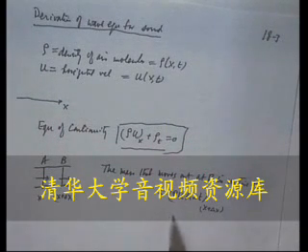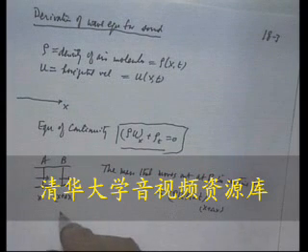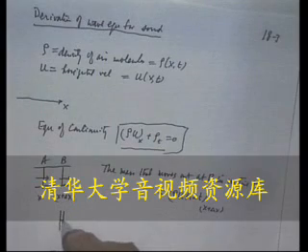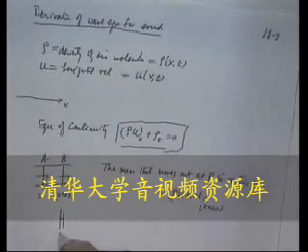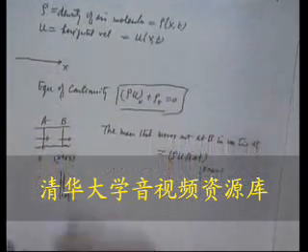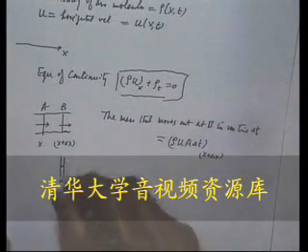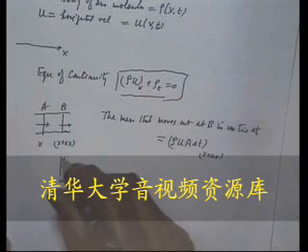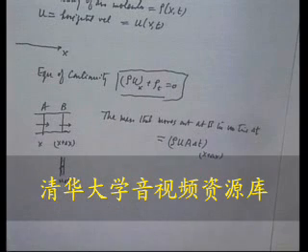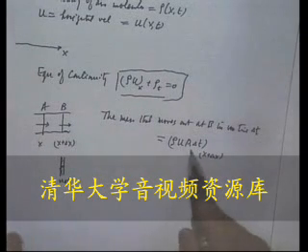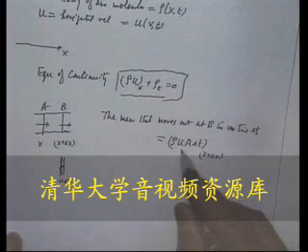U delta t: in time interval delta t, this sheet moves to here, so this mass moves out. A U delta t is the volume.